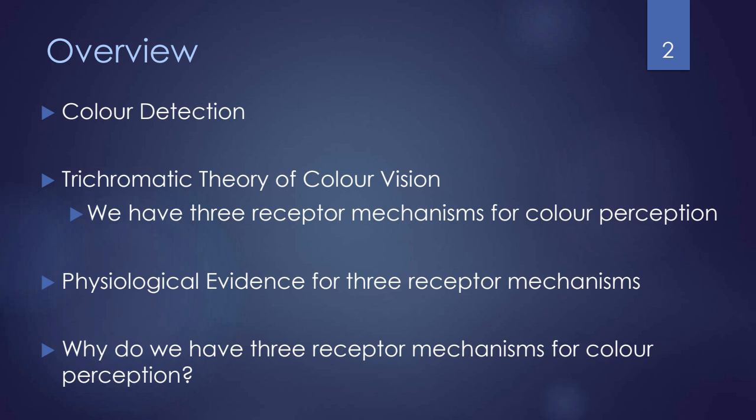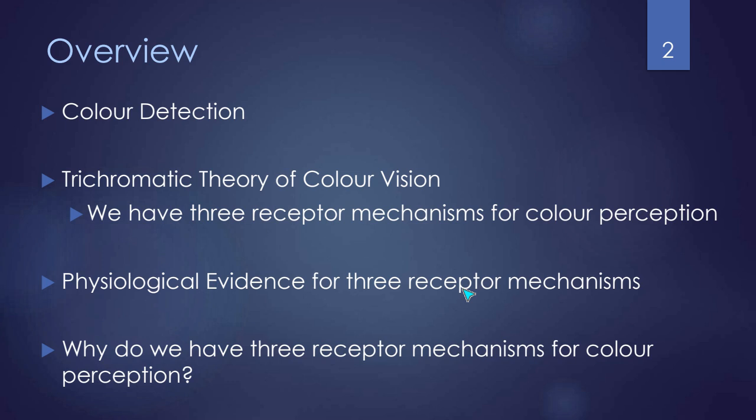And we are also going to look at the foundation for the trichromatic theory of color vision, which is that our color perception is based on us having three different types of cones.